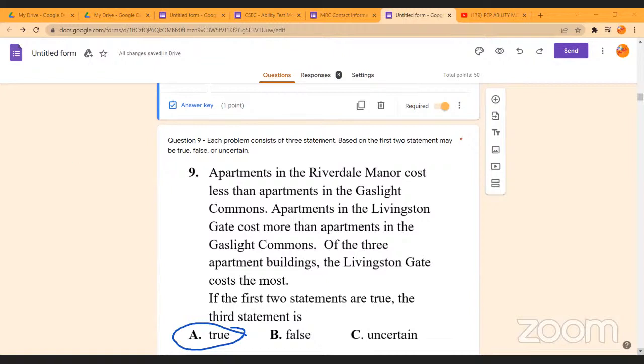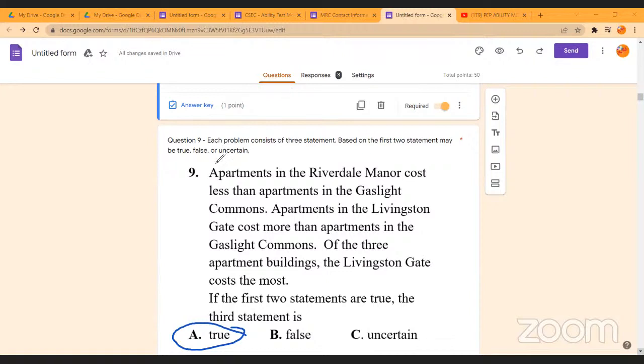Who is in position number 1? Apartments. Think about it now, Santina. We're looking at just the first sentence.